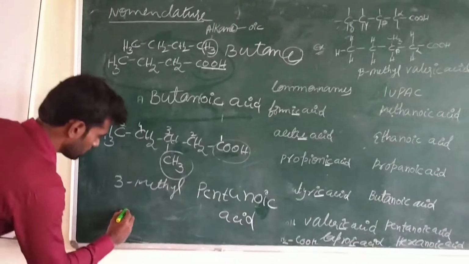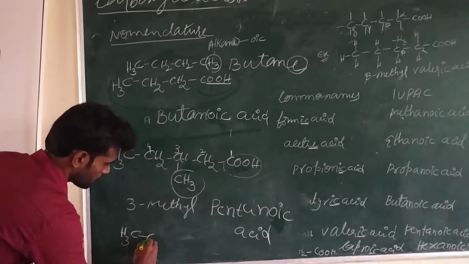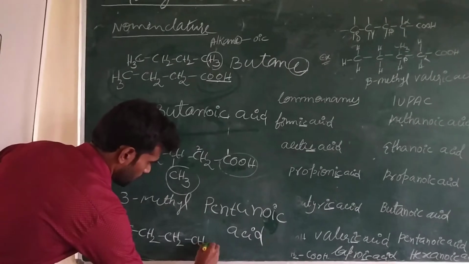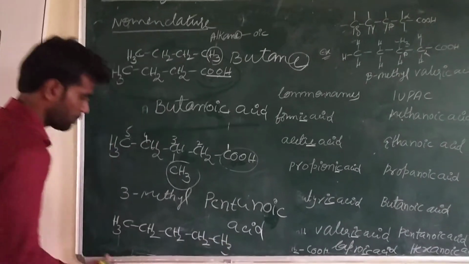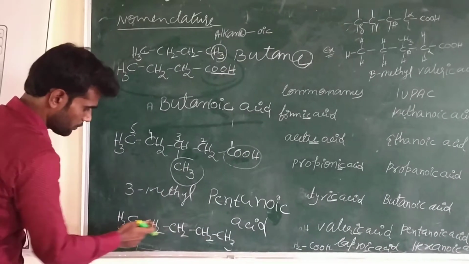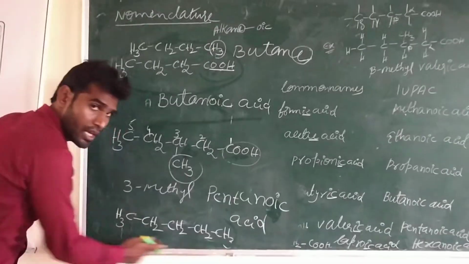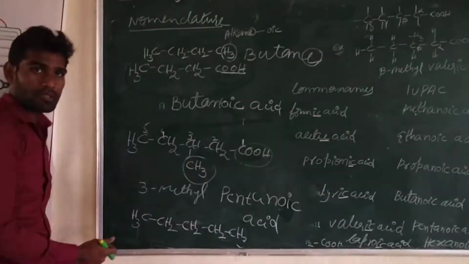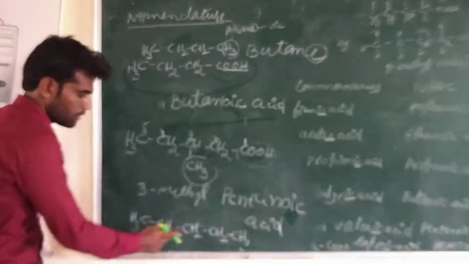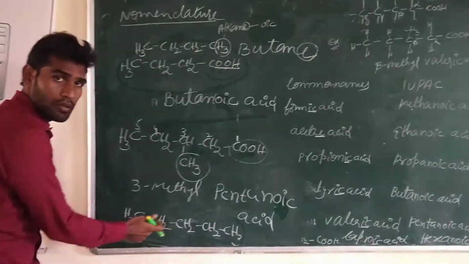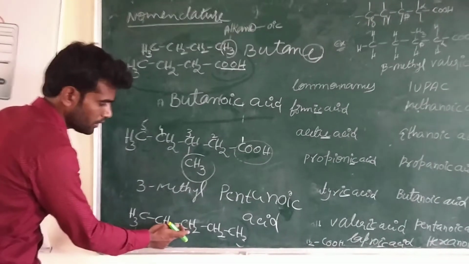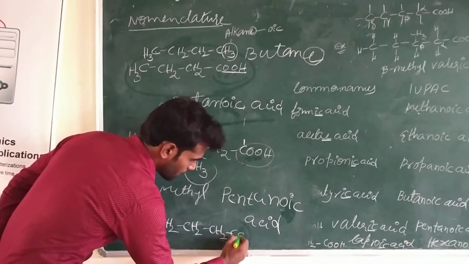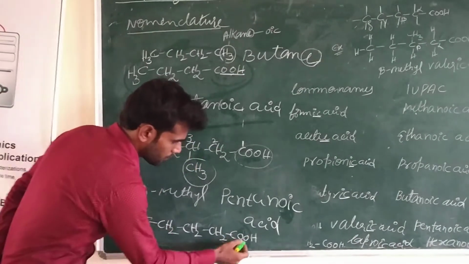Normally the pentane molecule is CH3, CH2, CH2, CH2 and CH3. This is the pentane molecule. 1, 2, 3, 4, 5 carbons. Pentane, ANE, because all are single bonds. It is a saturated molecule. But in this case, these 2 hydrogen atoms are replaced by oxygen atoms.